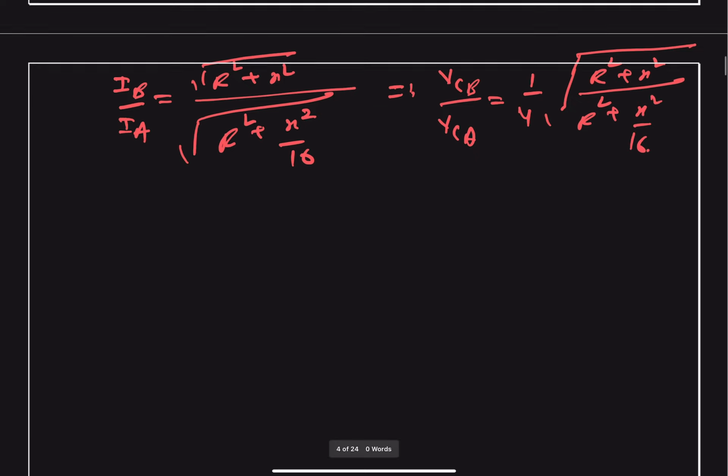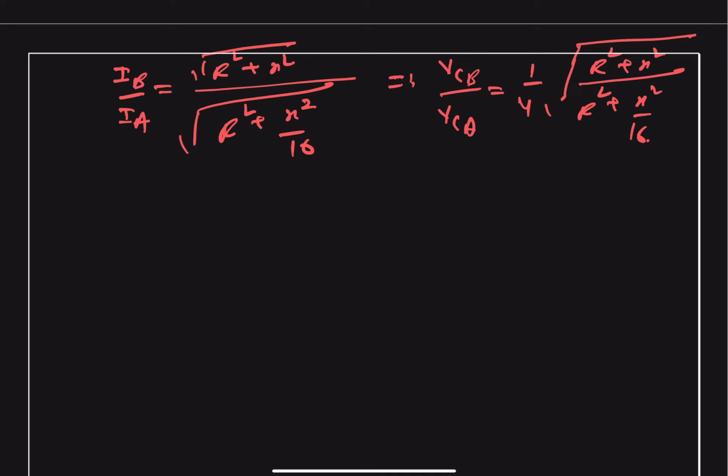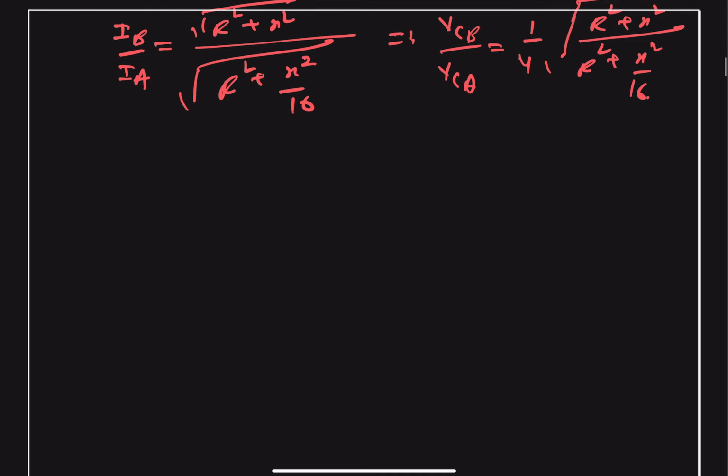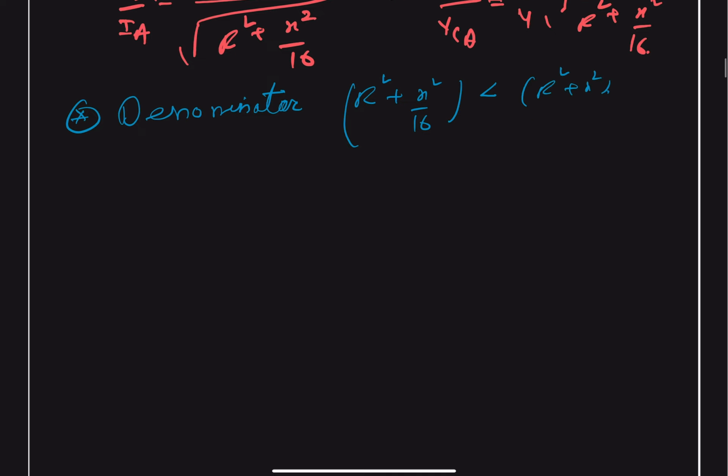So obviously we are mainly interested in the denominators. We can say that the denominator R square plus x square by 16 is less than R square plus x square.